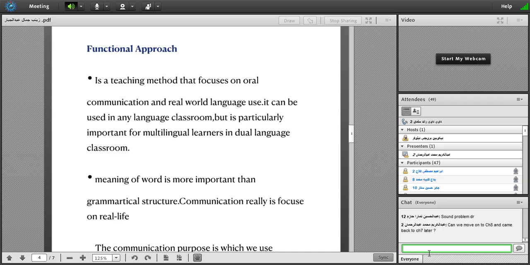Excuse me, Doctor. Zainab and Tamara say they have a problem with sound. What problem? Tamara was presenting. For Zainab, they wrote in the chat.